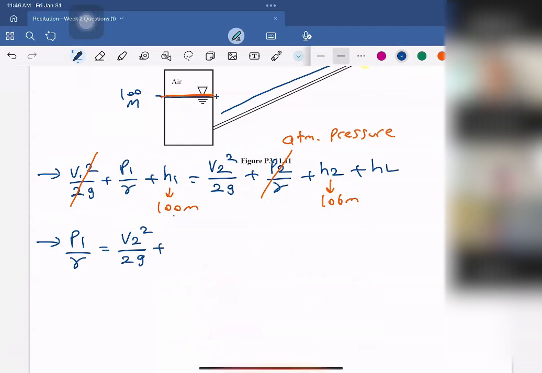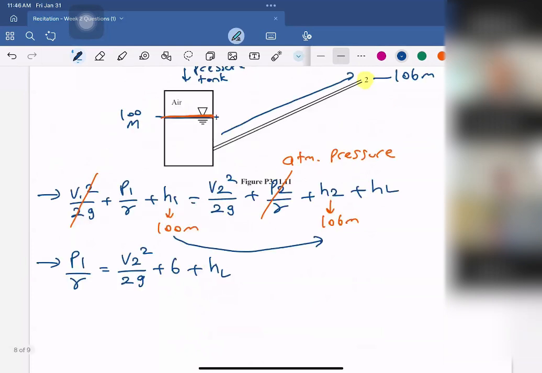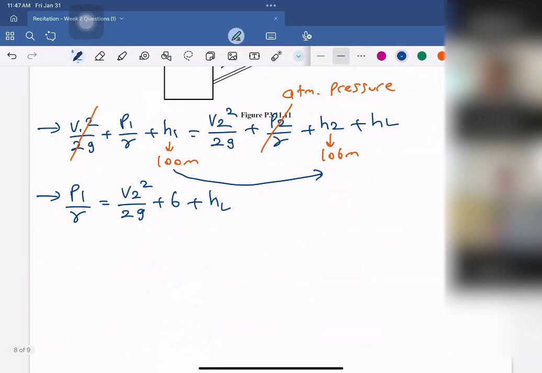And let's move this h to here, which will be 6 meters, plus net loss. And in the question, it is not stated that we can ignore minor losses, so we will consider minor losses as well. So here, when we say head loss, we will have frictional loss and minor loss.